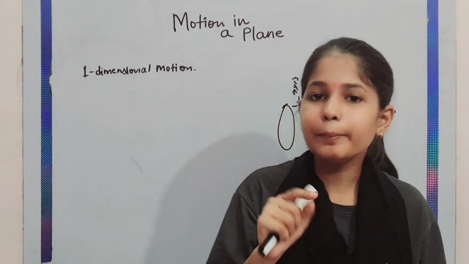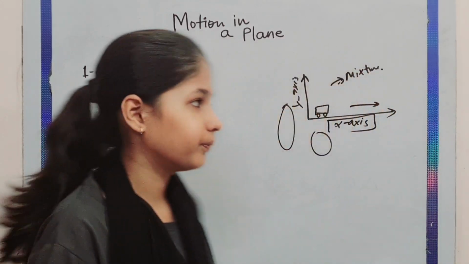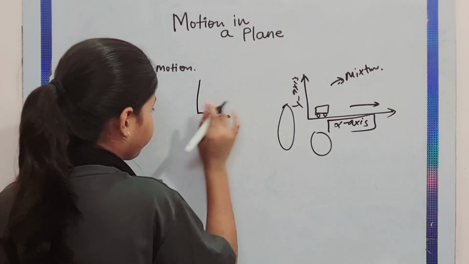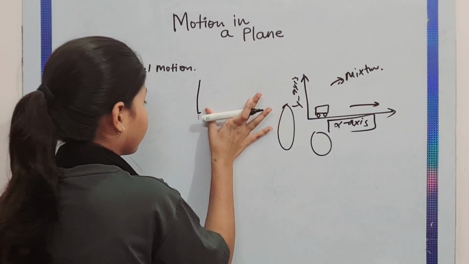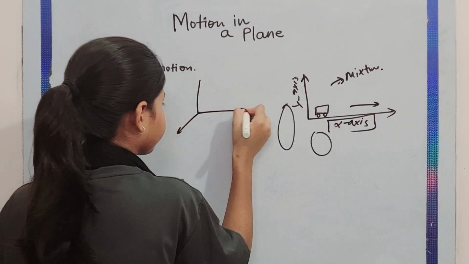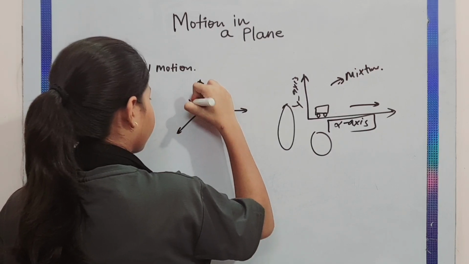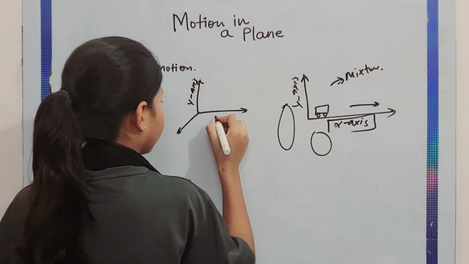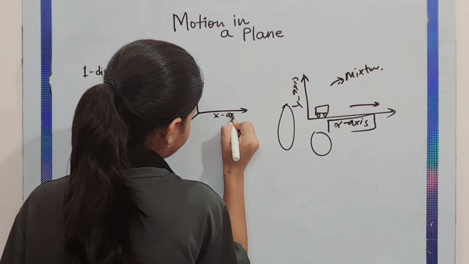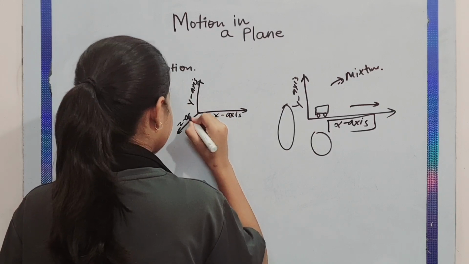But let me make you understand where 3D is here. For 3D, this will be the x-axis, y-axis, and z-axis.